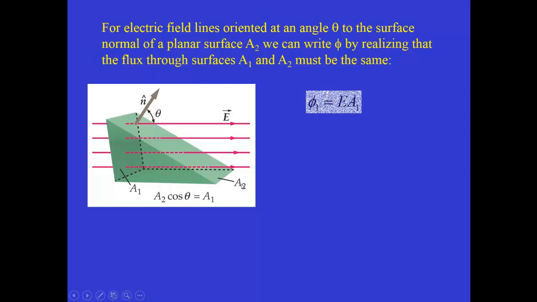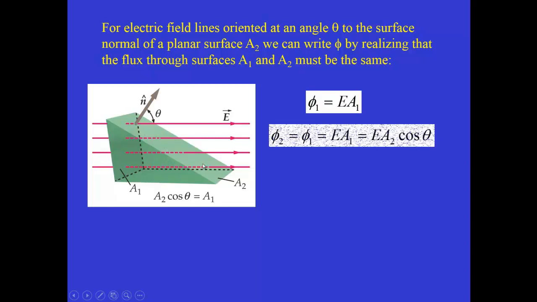And that means that we can write down the flux through surface 1, which is just E times A, and set that equal to the flux through 2. So the flux through 2 must therefore, if it's going to be the same as E times A1, which is that surface area on the left, be equal to E times A2 times the cosine of theta.